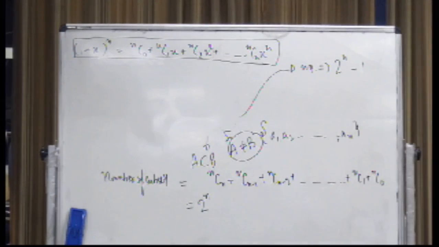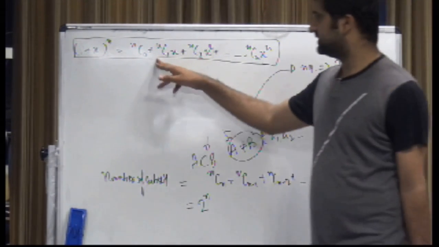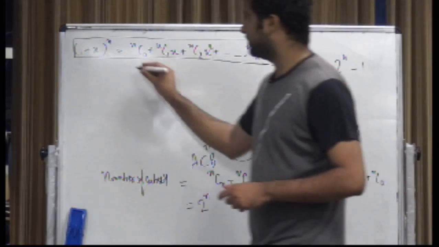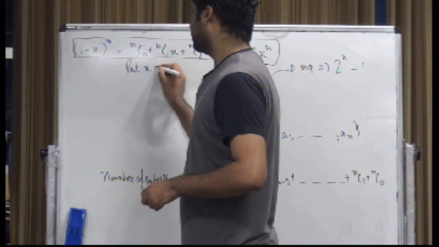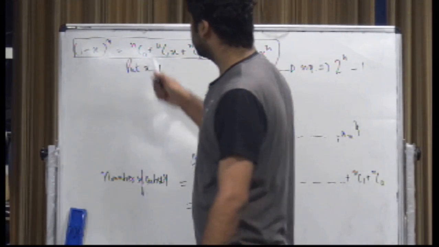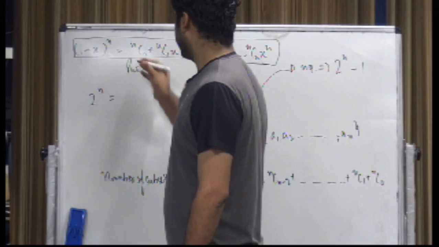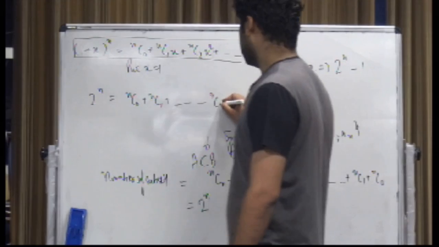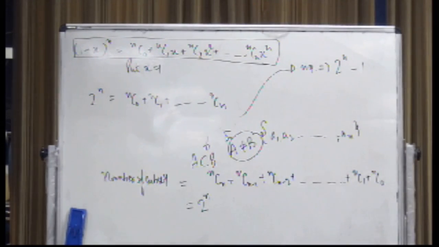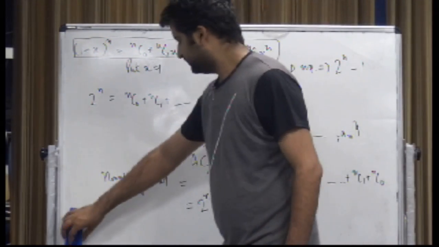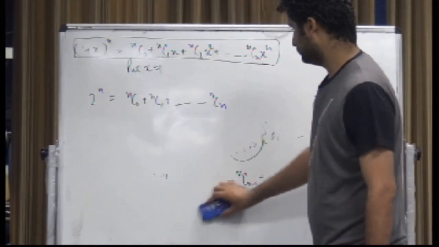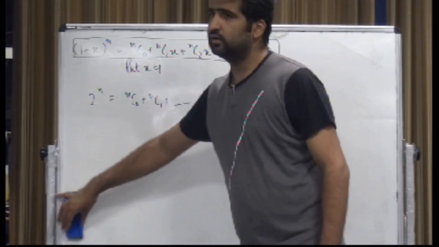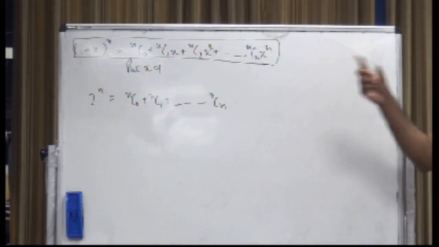What do you want here? nC0 plus nC1 plus nC2 plus nC3 up to nCn. What you can do here is put x equal to 1. When you put x equal to 1, you get 2 to the power n on the left hand side, and on the right hand side you get nC0 plus nC1 up to nCn, which is equal to 2 to the power n. So the total number of subsets is 2 to the power n, and the total number of proper subsets is 2 to the power n minus 1.